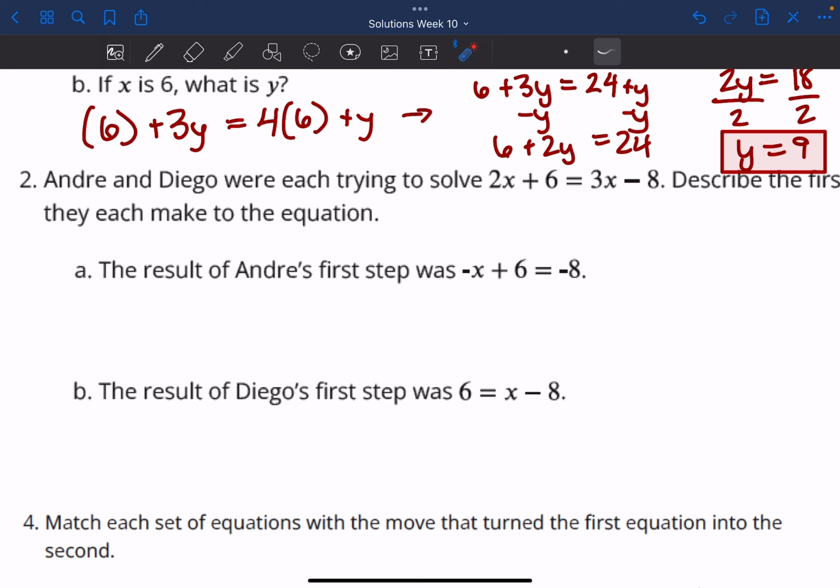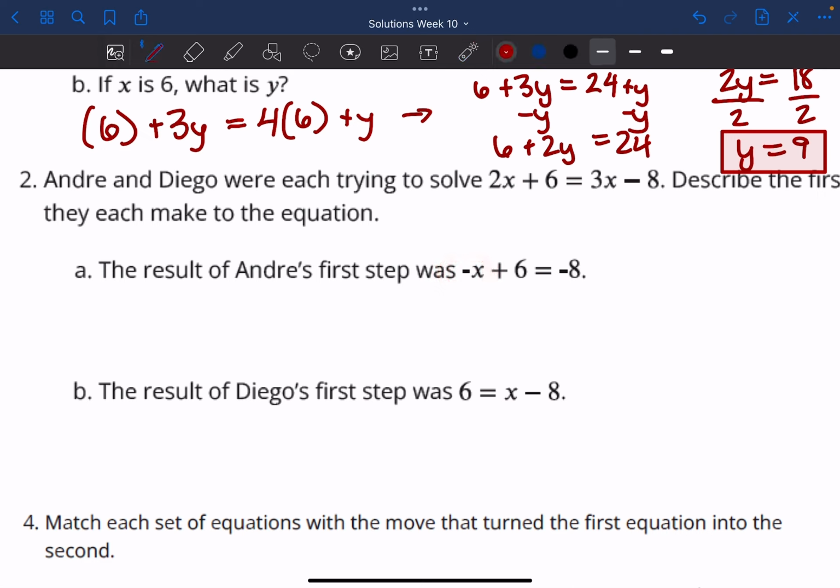So the plus 6 here stays the same, but it's our x values that are changing. So it looks like he doesn't end up with any x values on the right-hand side. So it most likely looks like Andre is subtracting 3x from both sides. And if we check here, 2 minus 3 is going to give us negative 1.